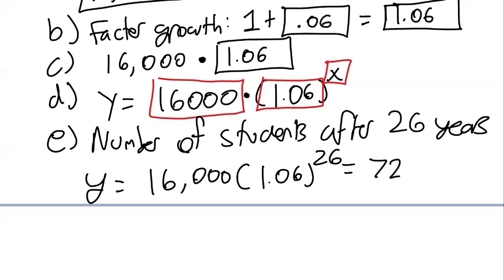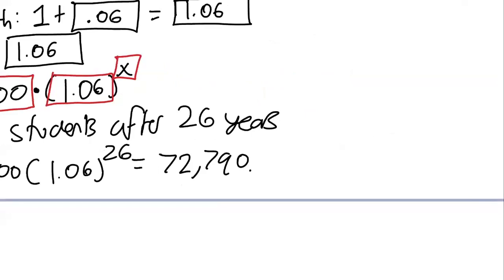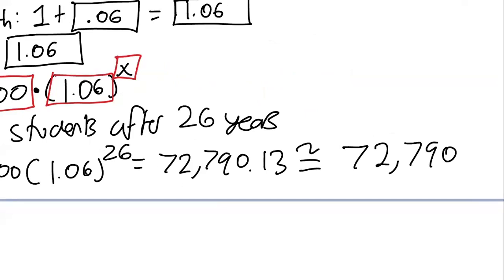So this is 72,790.13, but when you round it, it's 72,790. Since 0.1 is less than 5, you keep whatever numbers are on the left-hand side.